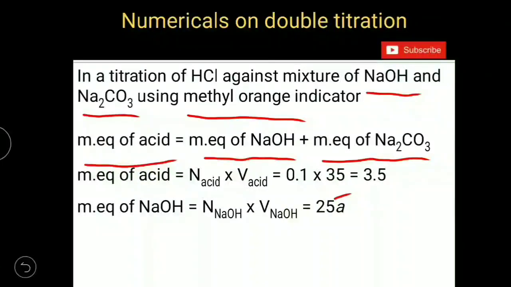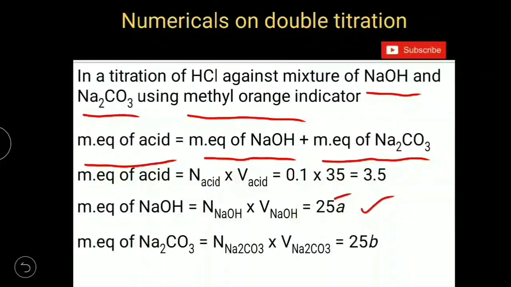And to get milliequivalents of NaOH, we use the same formula, normality of NaOH multiplied with volume of NaOH in milliliters. Volume of NaOH is 25 ml and normality is taken as A. So it is 25A. And milliequivalents of sodium carbonate is equal to normality of sodium carbonate multiplied with volume of sodium carbonate in milliliters. Volume is 25 ml and normality we don't know, we need to find out.